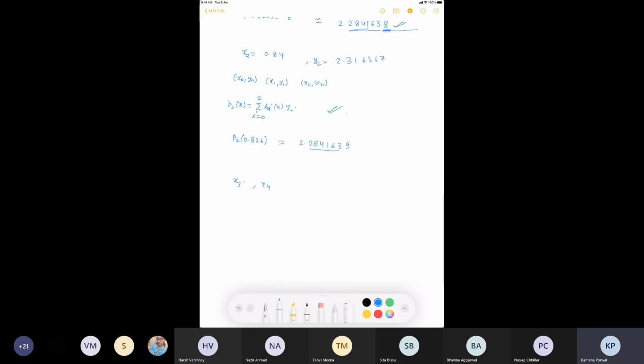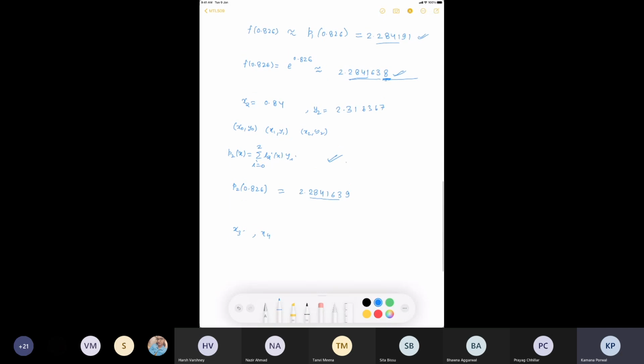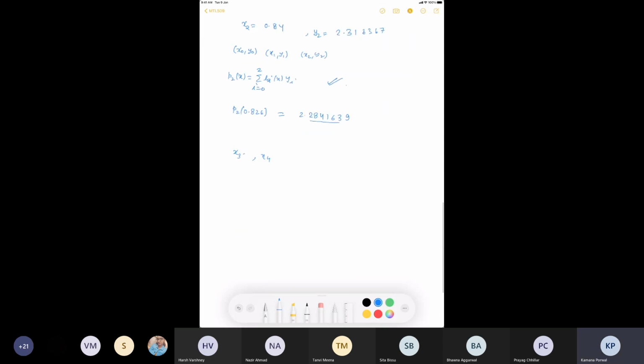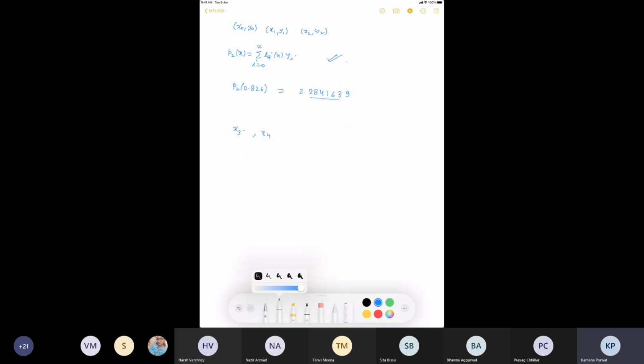Okay, so what impression does this give? Does it always happen that if we increase the polynomial degree, that is, if we have more data points, we get a better and better approximation? So let's write it as a remark.